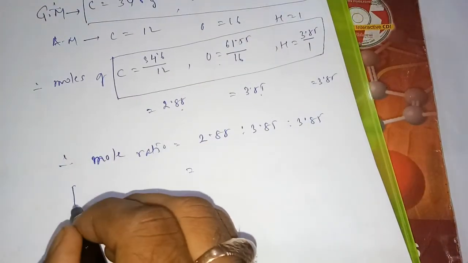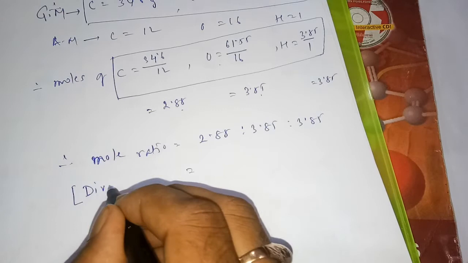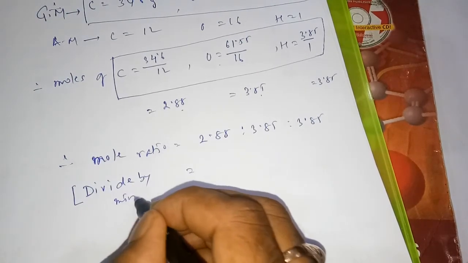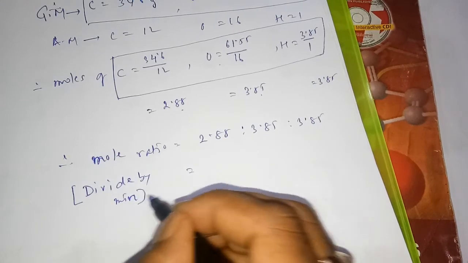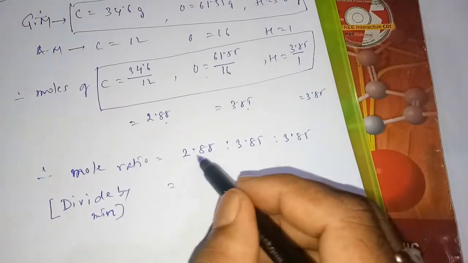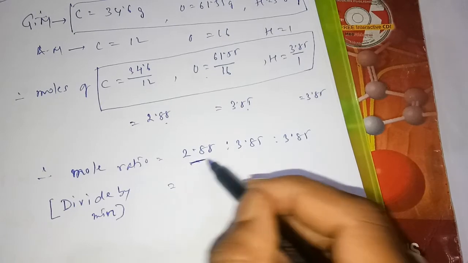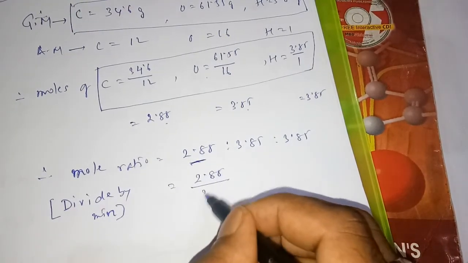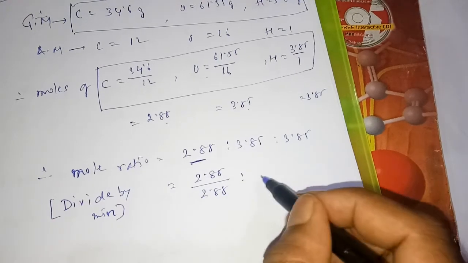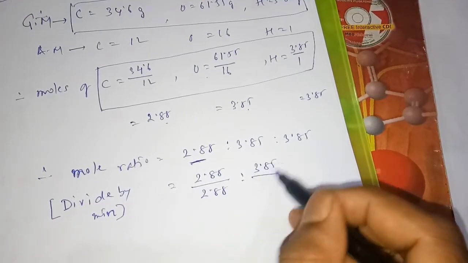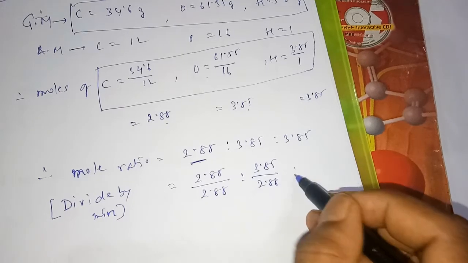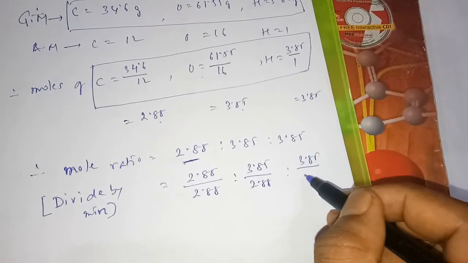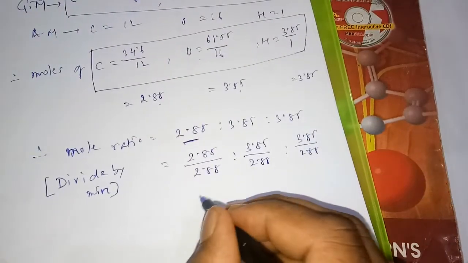Now I am writing, you need not write this in your problem, divide by minimum. The minimum here is this one. All the factors are divided by minimum. 2.88 divided by 2.88 is to 3.85 divided by 2.88 is to 3.85 divided by 2.88.